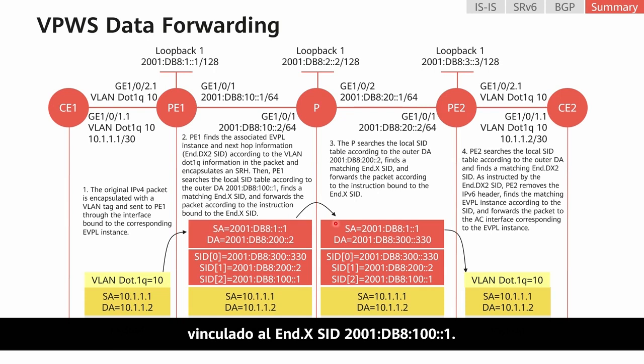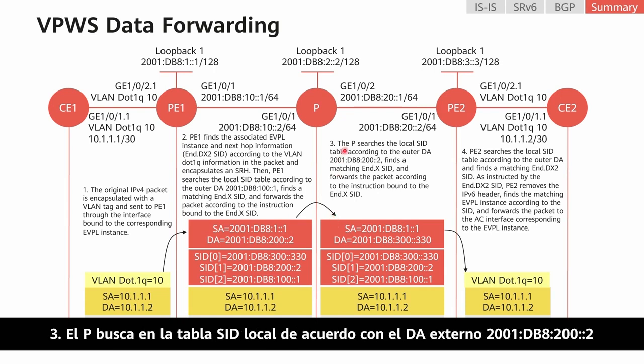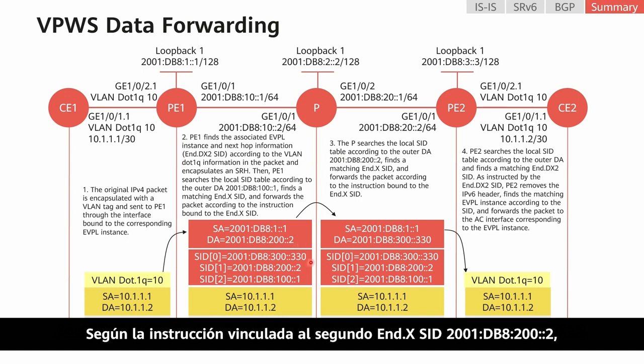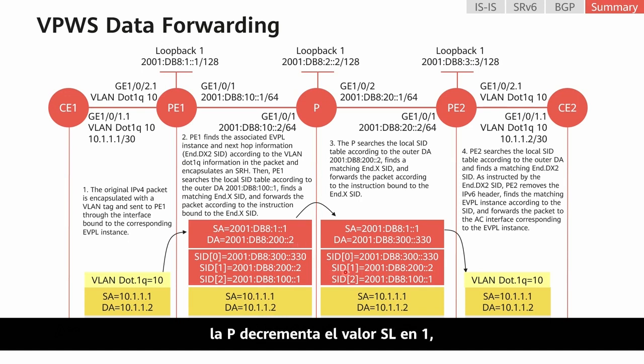and then forwards the packet through the outbound interface bound to the End.X SID. Third, the P searches the local SID table according to the outer destination address and finds a matching End.X SID. According to the instruction bound to the second End.X SID, the P decrements the SL value by 1, changes the destination address to this address, and then forwards the packet through the outbound interface bound to the End.X SID.